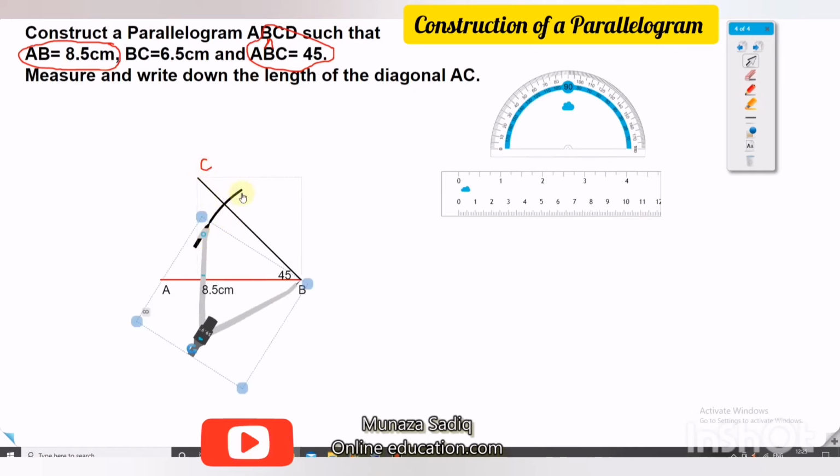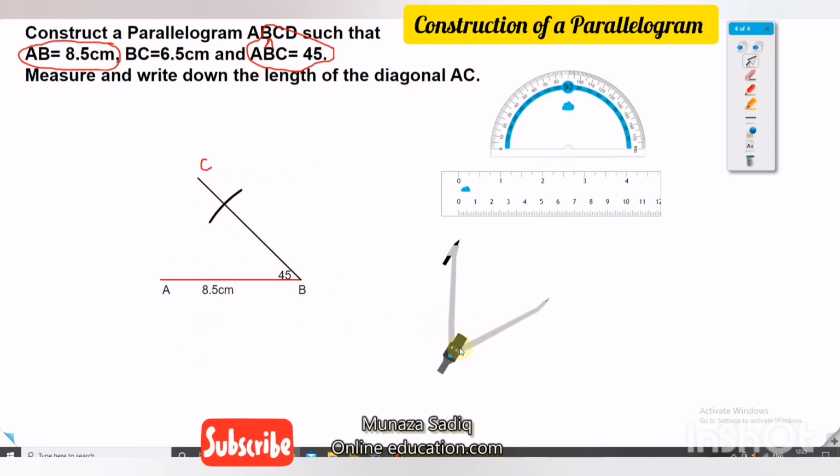Actually, this point is the C point, not this. This point is C. Label side by side, 6.5 centimeters. And this point is C.